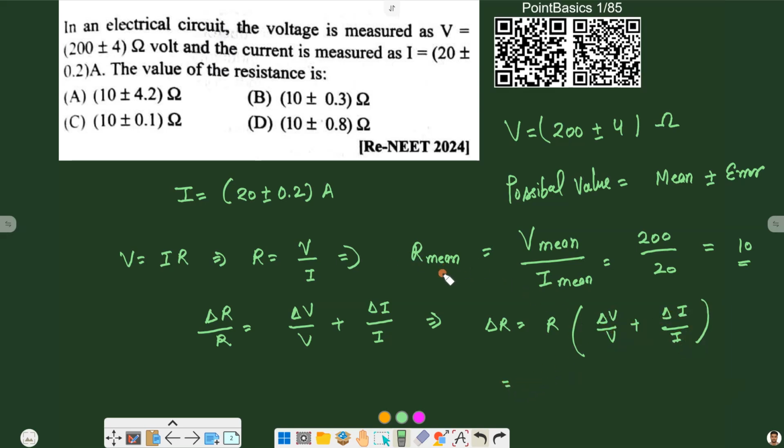Mean value of R is 10. Now error in potential, that is 4 by mean value 200 plus 0.2 by 20. Now 0.2 by 20 can be written as 2 by 200.